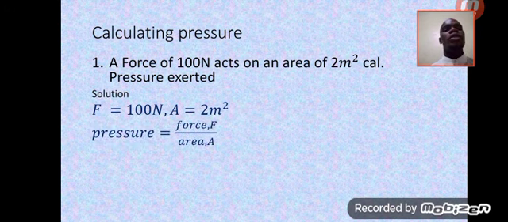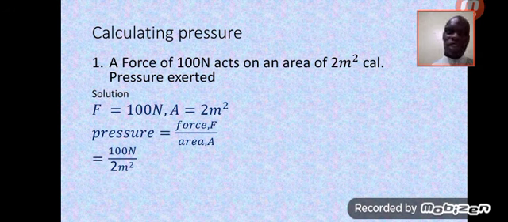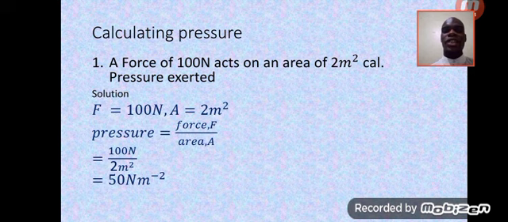From the formula, pressure is equal to force over area. Substituting in, we have pressure equal to 100 newtons divided by 2 meters squared. Pressing on my calculator, this will give us 50 newtons per meter squared.